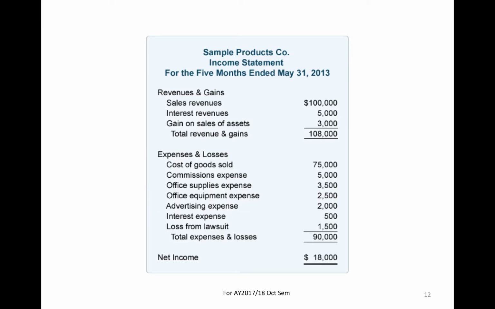So from your income statement, we can find out what your net income is. It's basically your revenue or your gains less expenses and losses. So this is the formula, and this is how it looks. You list down all the revenues and gains, let's say your sales, your interest, and your gain on sales of assets.